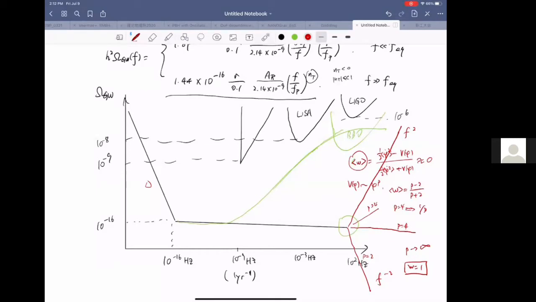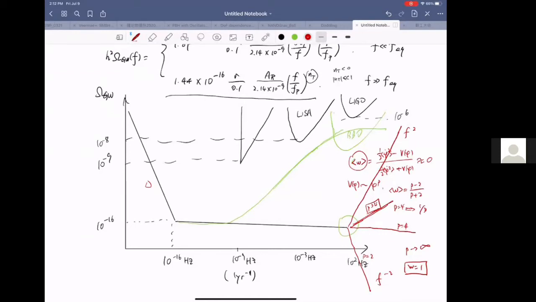I just want you to know that if p is larger than 4, then you can have some kind of enhanced primordial gravity wave. The principle is very easy: in this stage, the background energy density decays much faster than the radiation. So in that case, omega GW, as a ratio of the gravitational energy density divided by the background energy density, will just go up. This depends on the decay rate of the background energy density. If the background energy density decays faster, then the gravitational wave energy increases faster.